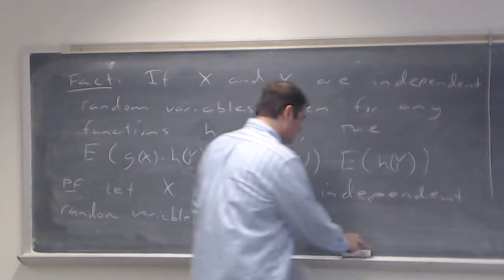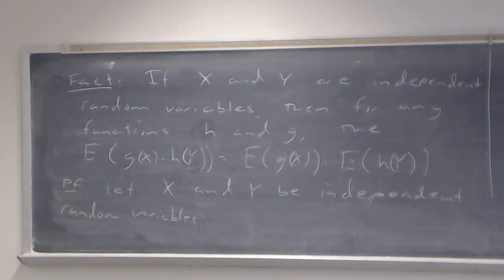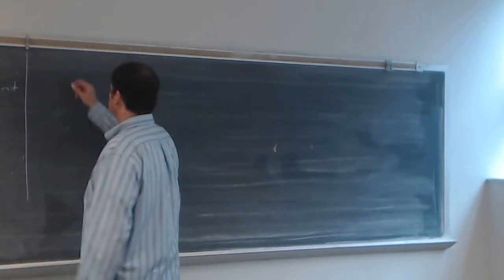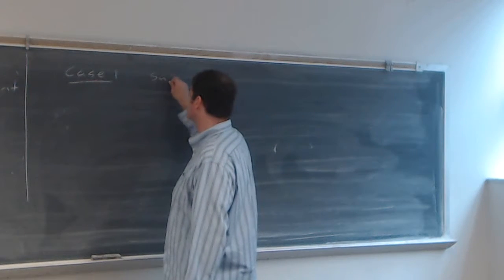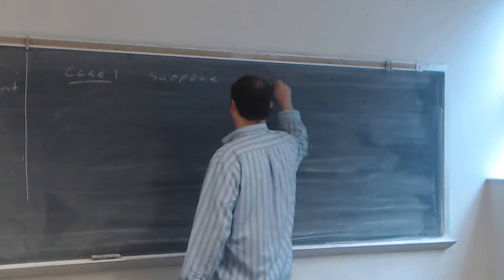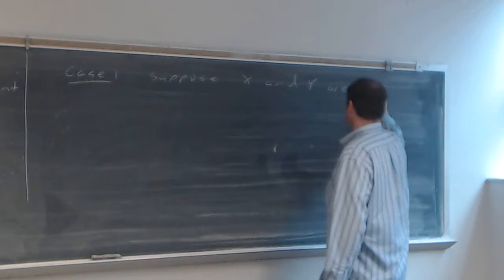So case 1 is where we suppose x and y are continuous random variables.